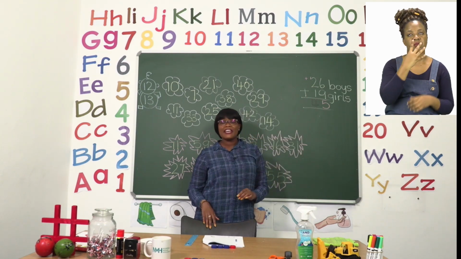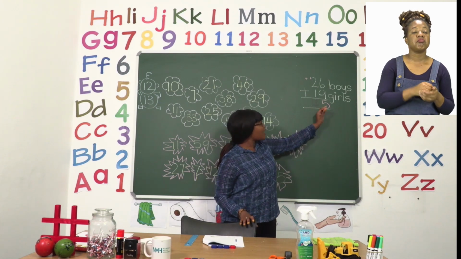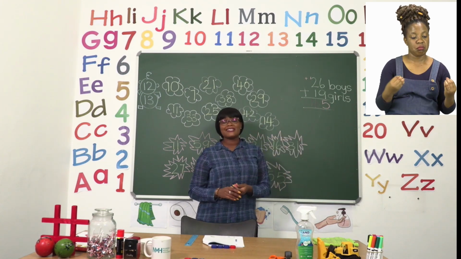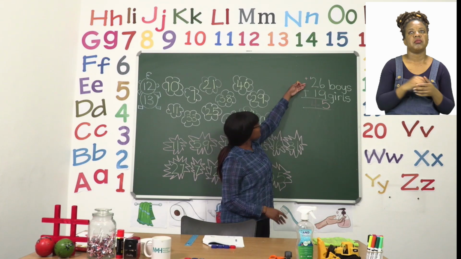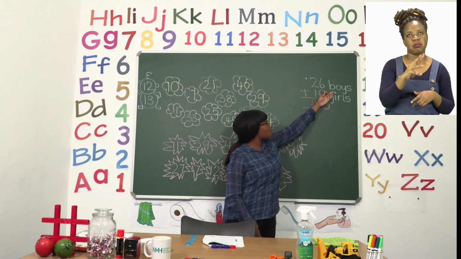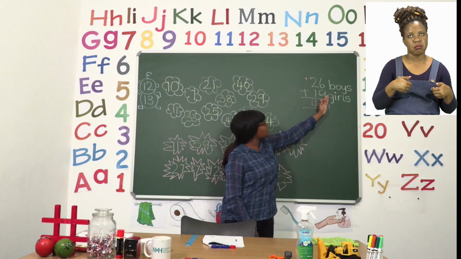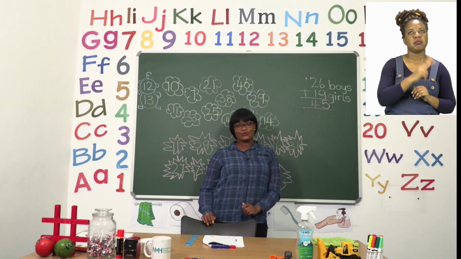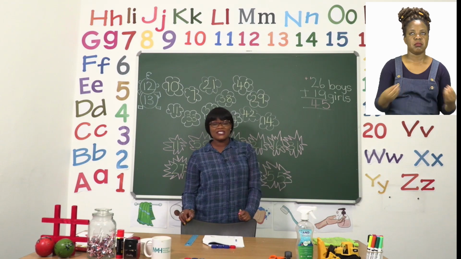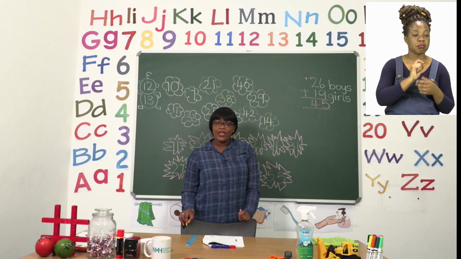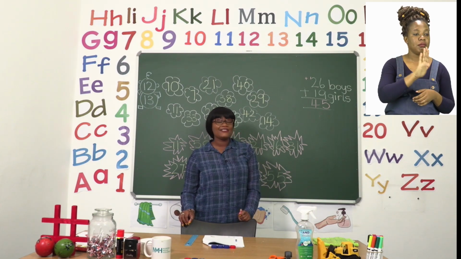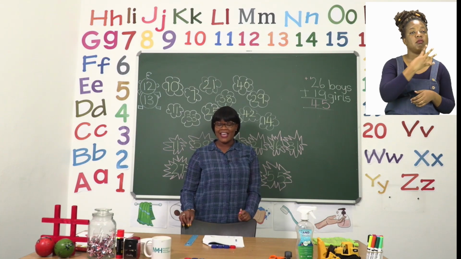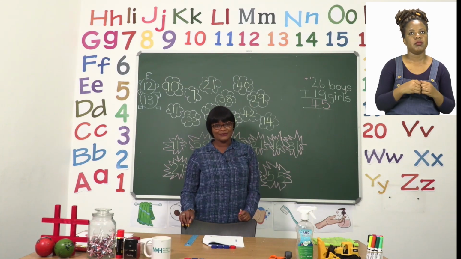Now we know that we have 45 children, which completes our sum, which now says 26 boys plus 19 girls equals 45 children. Then you can write your sentence by saying, there are 45 children at the party.